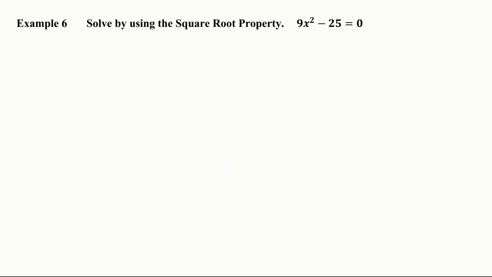All right, here's another problem we're going to solve by the square root property. Notice that we would be able to solve this by factoring as well, right? Just factor as a difference of squares and solve by the zero factor property. But this time we want to get practice with the square root property, so we're going to solve this using the square root property. So first we need to put it in the proper format, which is x squared equals some constant. So we have 9x squared equals 25.